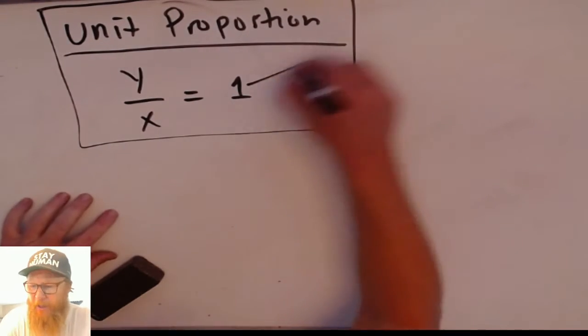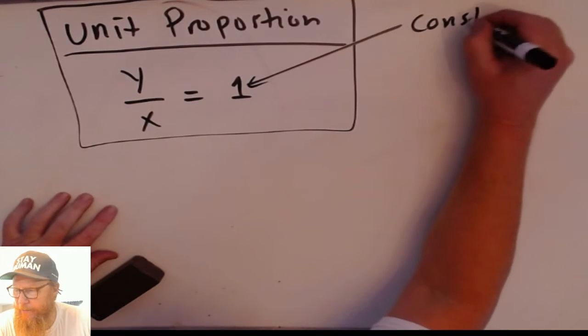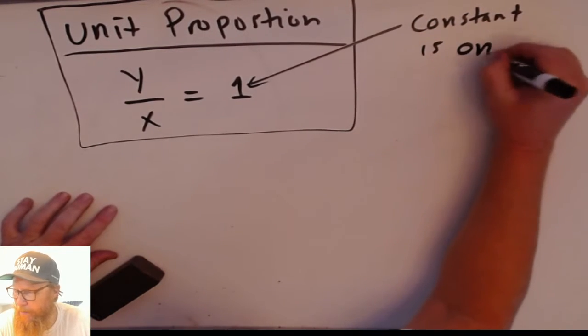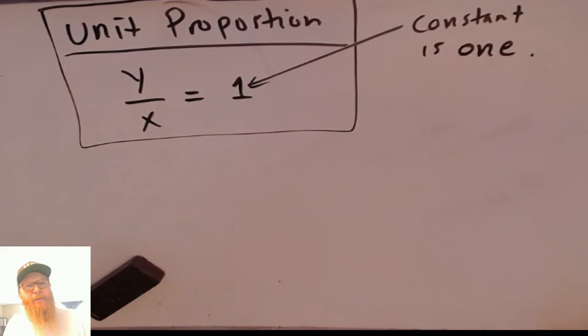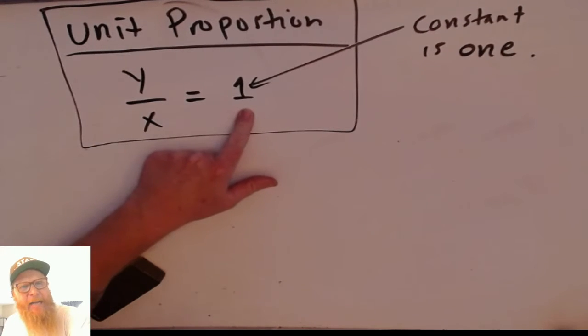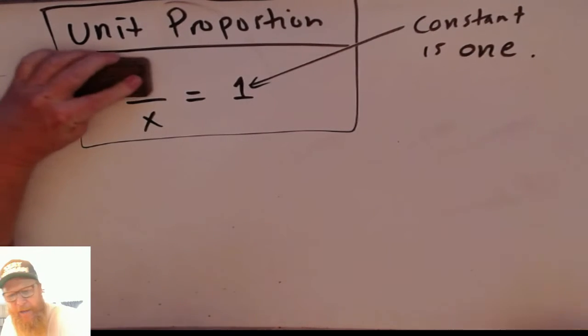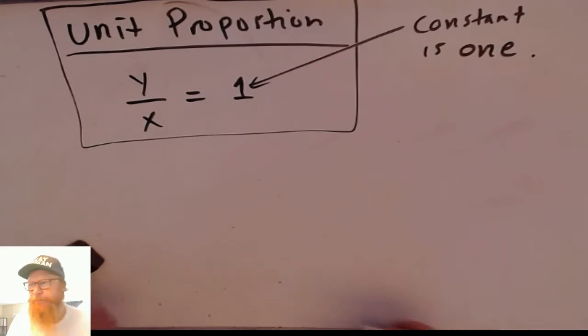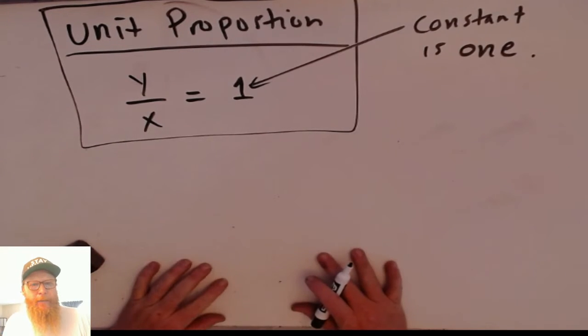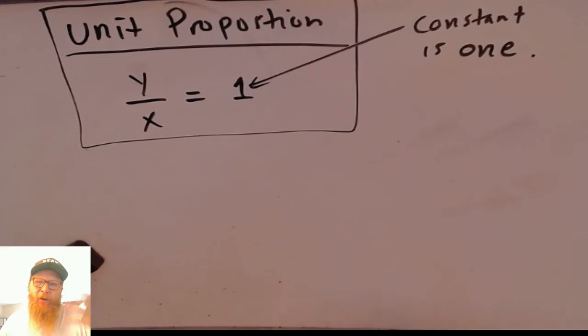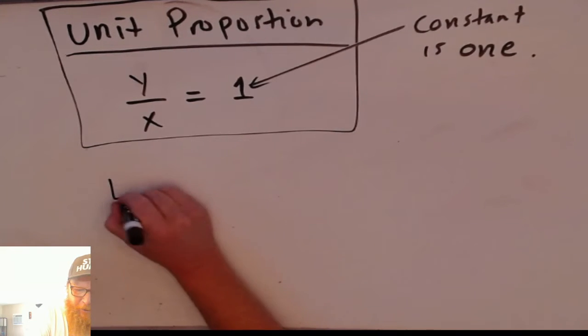In other words, the constant is 1. So that's your k. If your k comes out to be 1, we call that a unit proportion. Okay. So an example of a unit proportion.